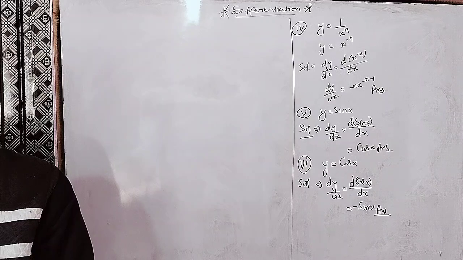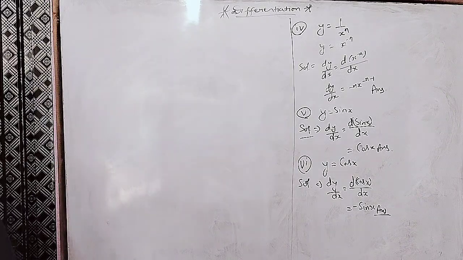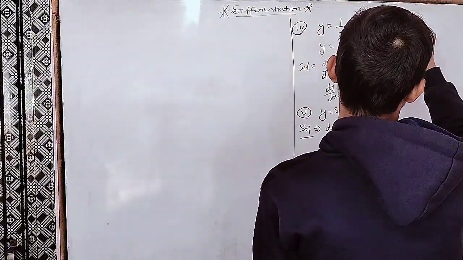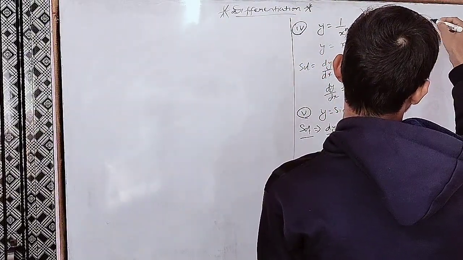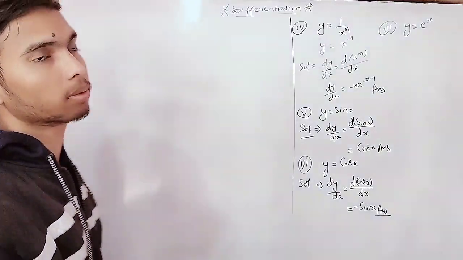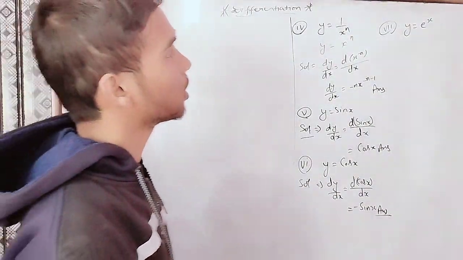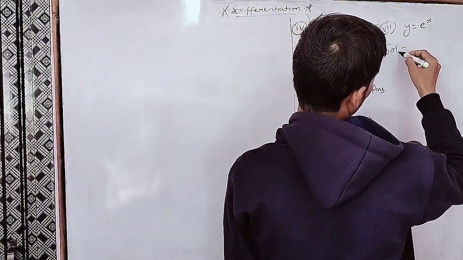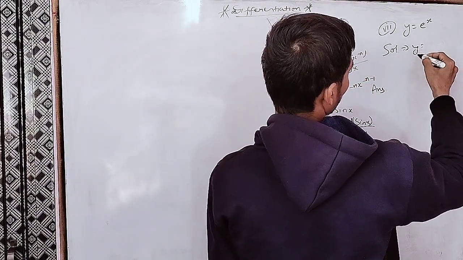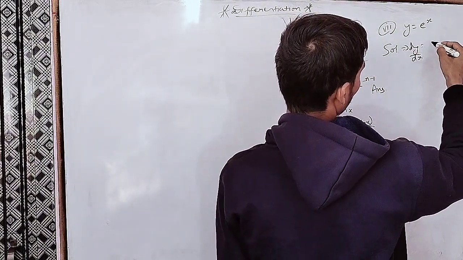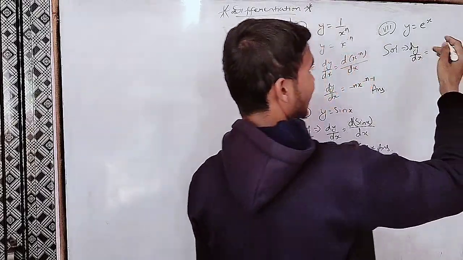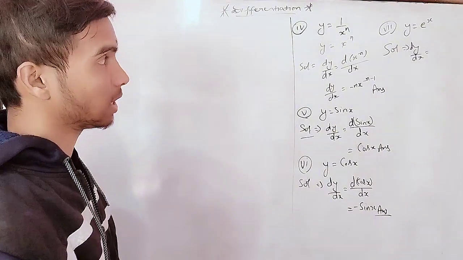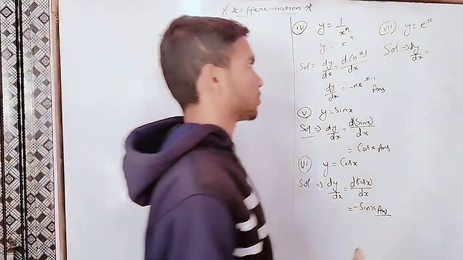Next question is y is equal to a raised to the power x. So here dy by dx, and then a raised to the power x, this will not change. It will remain the same.